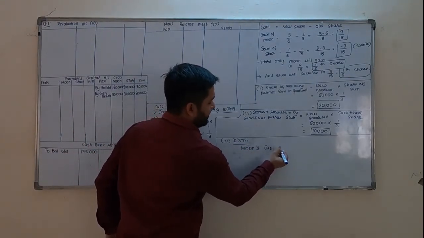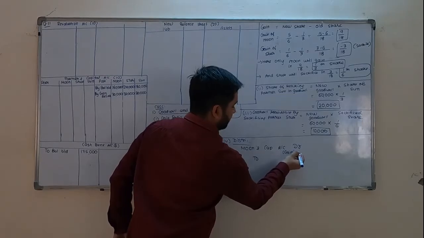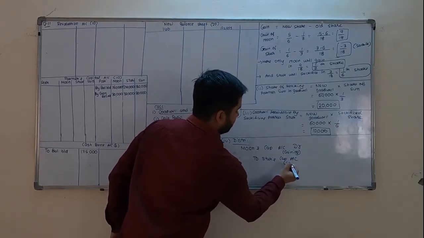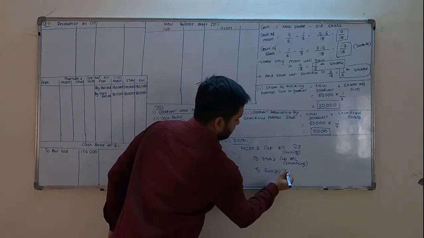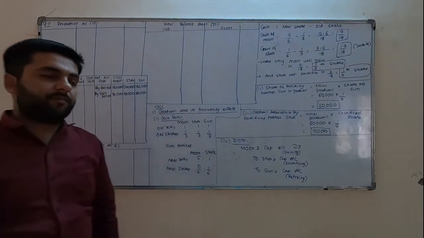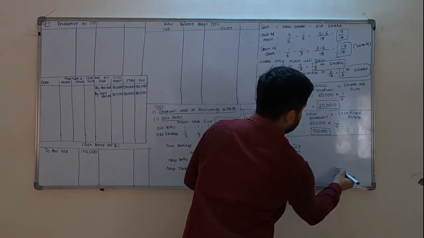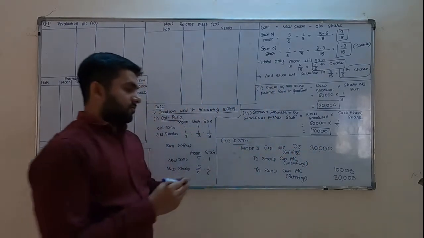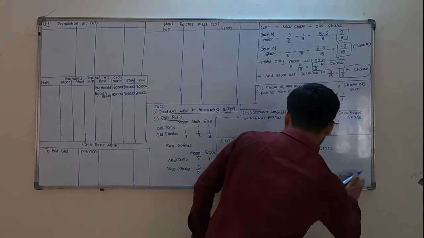So Moon's capital account debit, in bracket we will write gain, to Star's capital account, in bracket we will write sacrificing, to Sun's capital account, in bracket we will write retiring, so that we can understand it properly. Now for Sun it is 20,000, for Star it is 10,000, so for Moon it will be 30,000. So Moon debit 30,000, Star credit 10,000 and Sun credit 20,000.